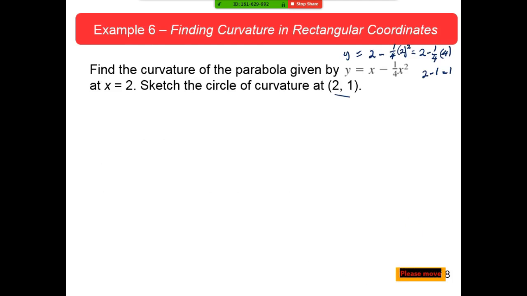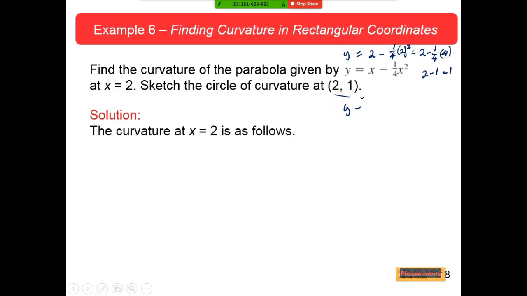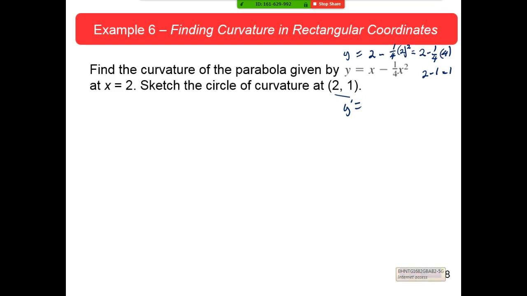So one thing we know, we've got to take first and second derivative of this function. So what is y prime? Nobody is logged on yet, and my pen is not writing well. y prime is equal to 1 minus 2 times 1/4, which is 1/2 x. y double prime is equal to minus 1/2.